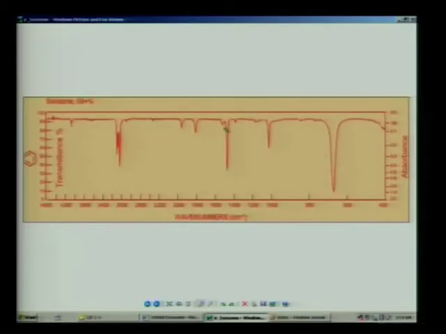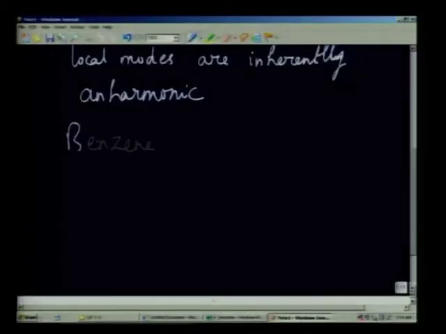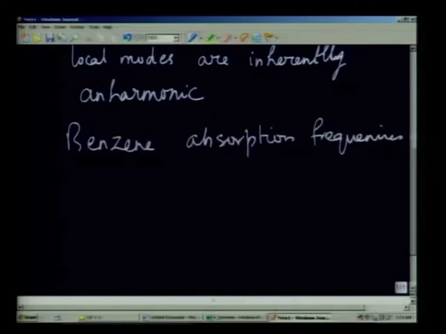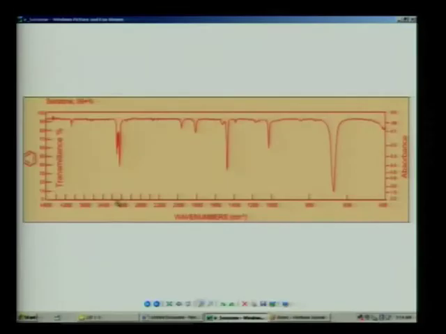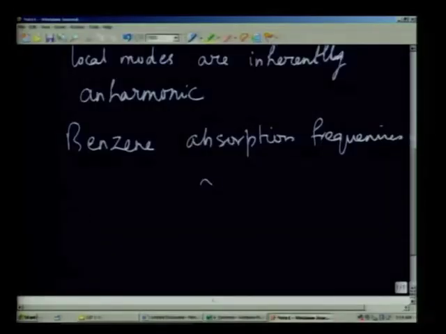There is another major absorption peak at about 1500 centimeter inverse. So let us list them down to see what we mean by group frequencies. Benzene has 3 vibrational frequencies, large absorption frequencies. What are the values? There is one between 3000 and 3100 centimeter inverse.